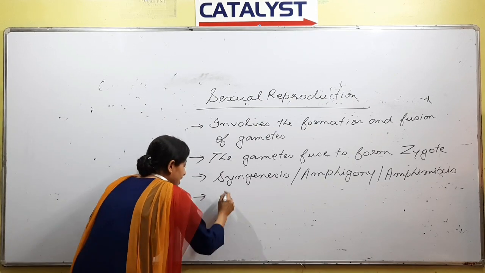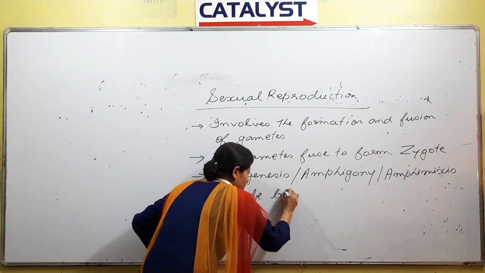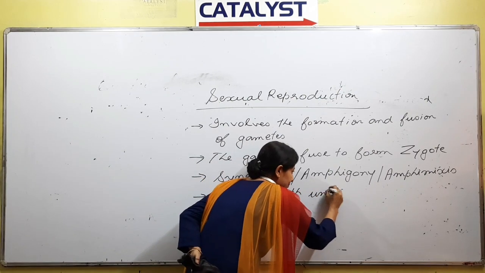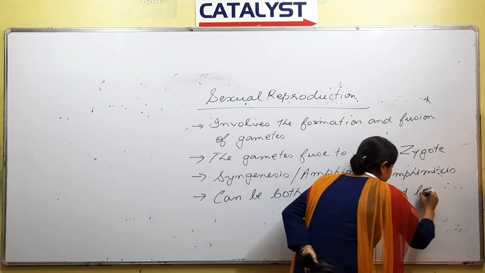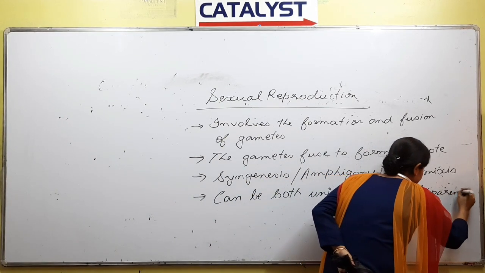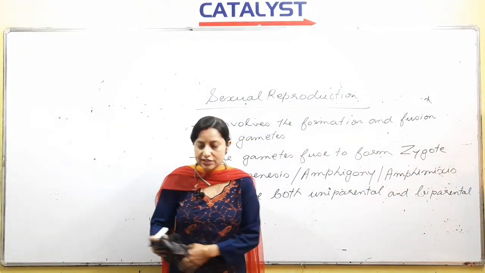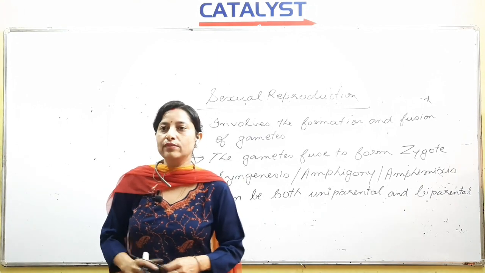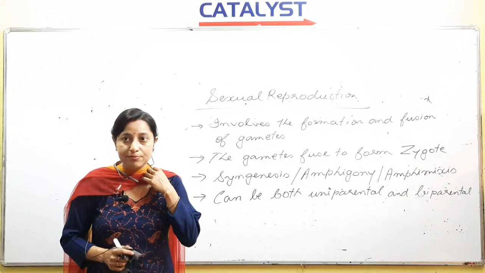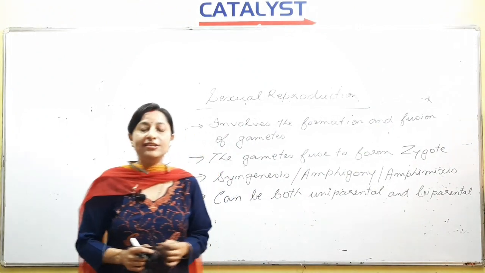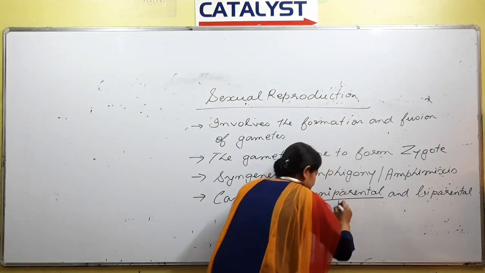Next point is it can be both uniparental and biparental. The basic difference between asexual and sexual is that in asexual reproduction it is always uniparental, but in sexual reproduction the most common way is biparental, but uniparental sexual reproduction also occurs. And what is the process, or what is the example of uniparental sexual reproduction?